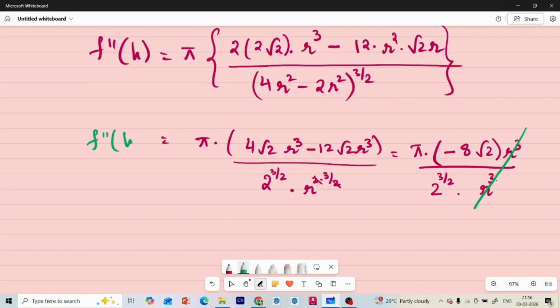We got f double dash h. How is it? Minus, you can still simplify it, but actually it is not needed here, because it is very much visible that it is less than 0.